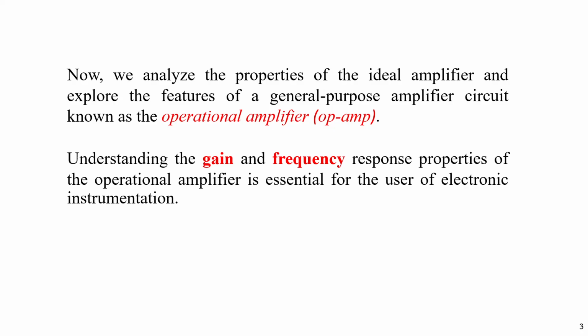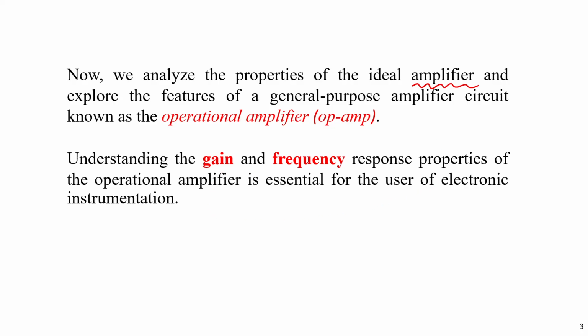Okay, now we analyze the property of the ideal amplifier. The operational amplifier is usually used for amplification. Amplifiers mean we change the magnitude of the signal, to enlarge the signal or to decrease the signal. When we talk about the electronic signal, there are two things: magnitude and frequency.